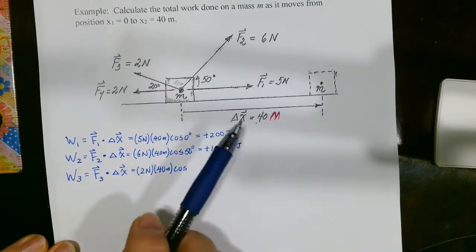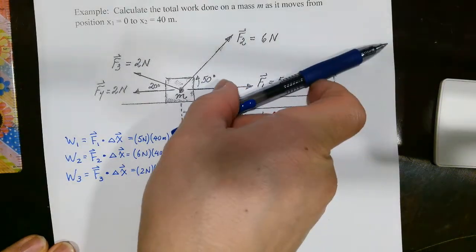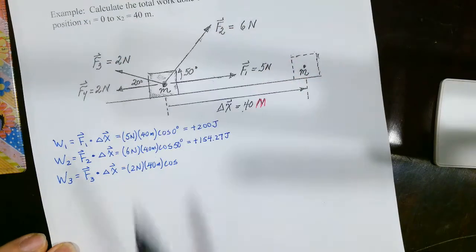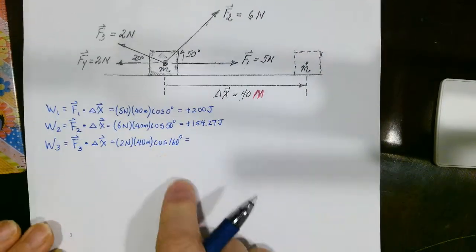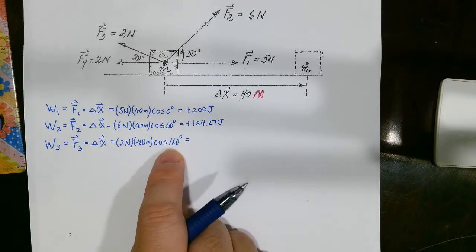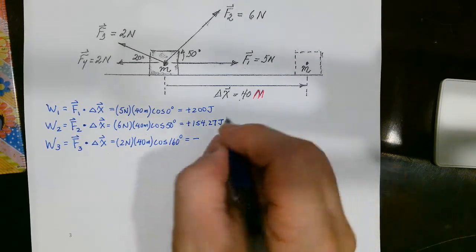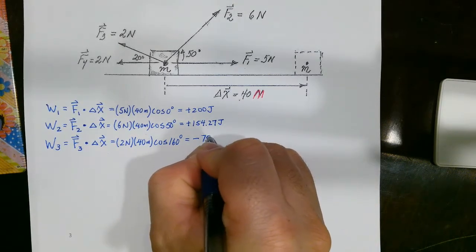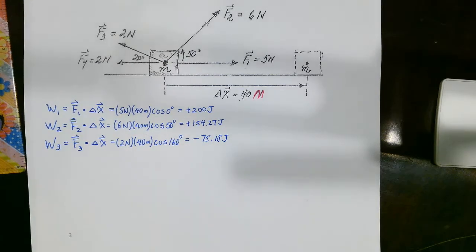Now, you have to be careful here because this is not cosine of 20, but this is cosine of 160 degrees. And since this is bigger than 90 degrees, you know it's going to be a negative number here. So negative 75.18 joules.